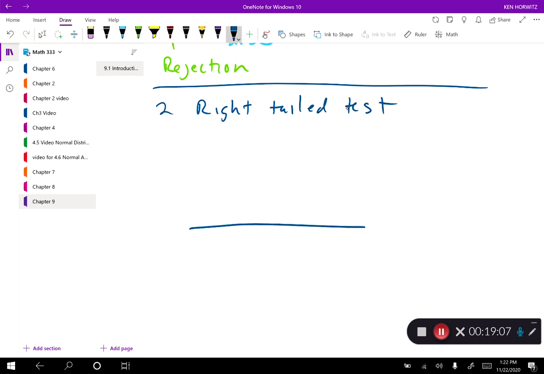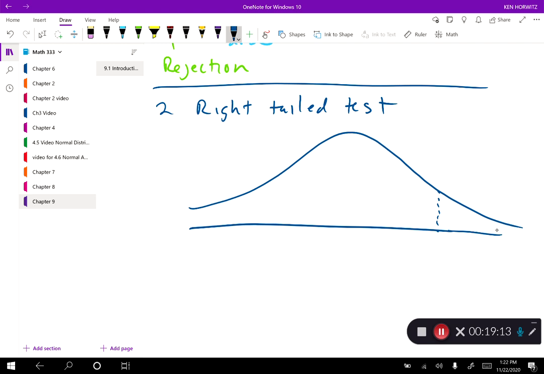All right, so the second type of test we have is a right-tailed test. I'm going to draw that out for you, and it's very similar to the left-tailed test, except I'm again going to use 0.01 as alpha. That's my rejection region.